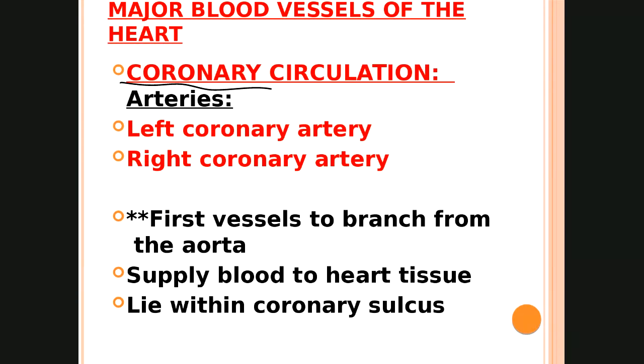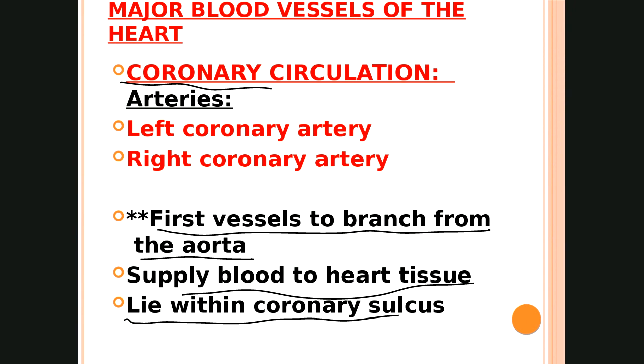These begin on the right and the left with the right and left coronary arteries. These are tiny arteries that branch from the aorta. These are the first vessels to branch from the base of the aorta. They're going to supply blood to heart tissue, especially the myocardium, and they're going to travel through the coronary sulcus.